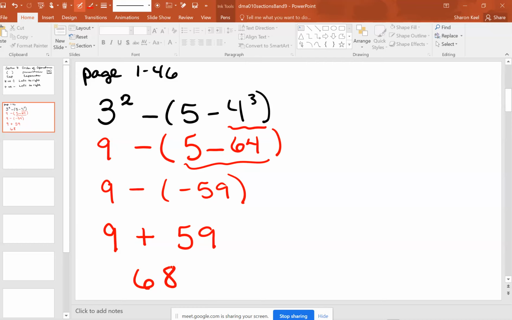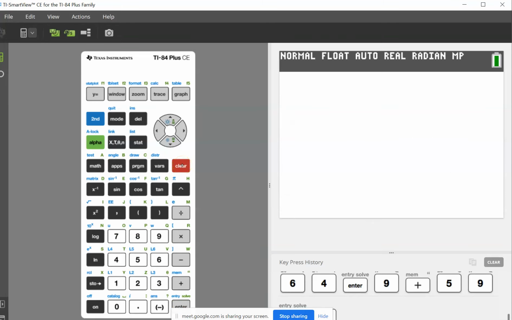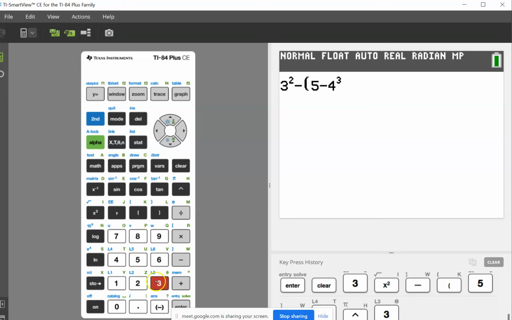Now, this is working the problem longhand. If we wanted to do this problem using the calculator, what I recommend would be this. We have 3 squared minus parenthesis, 5 minus 4, raise it to the third power. Now notice, the cursor's still up high.